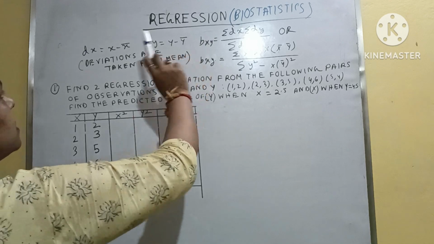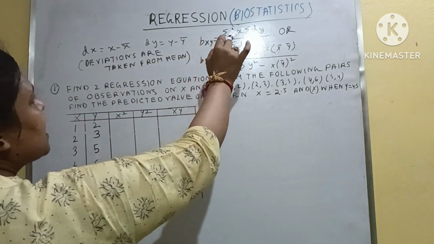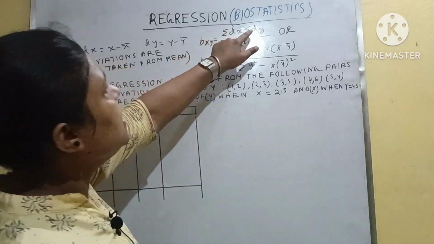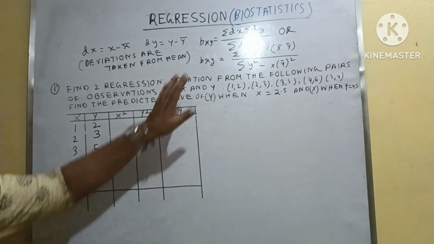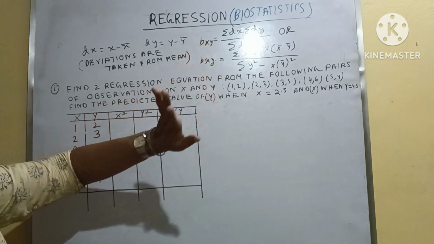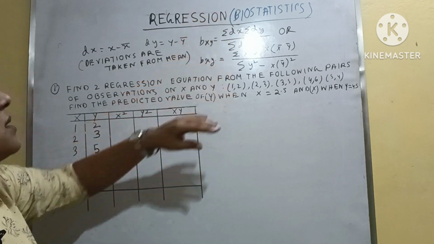In case of standard deviation, bxy equals summation of dx dy divided by summation of dy square. This is bxy, not byx, and in case of byx this just changes.